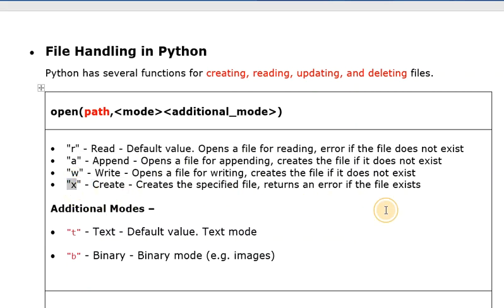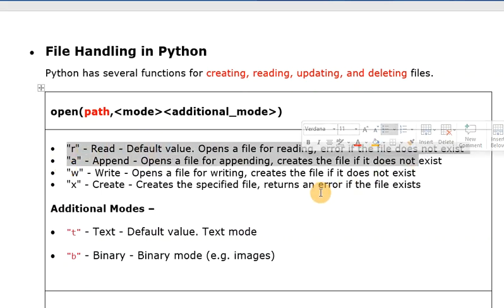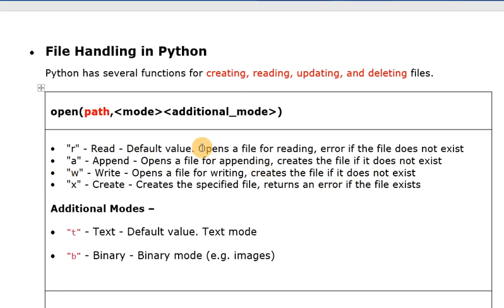So there is a slight difference you can see here. We have these four modes, but the first thing to understand is the behavior if the file is not available, how will the mode behave. In case of R, it opens a file for reading and it gives an error if that does not exist.